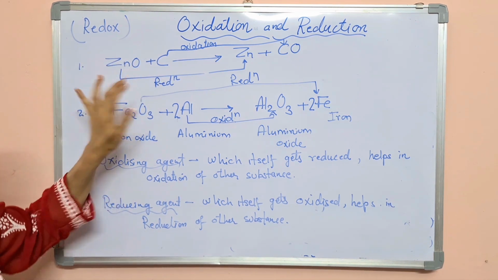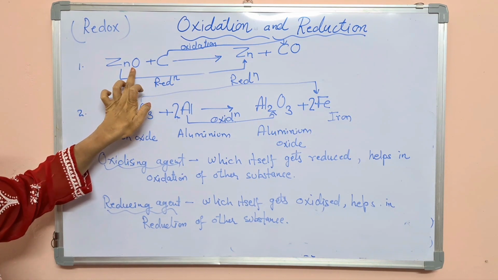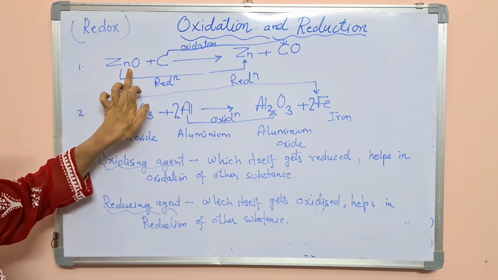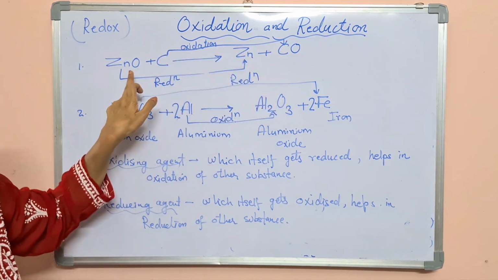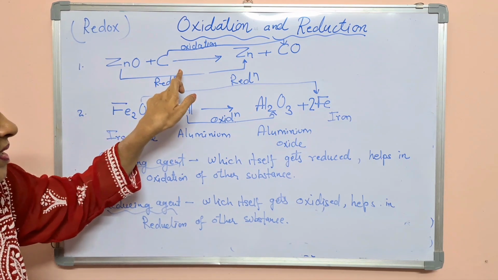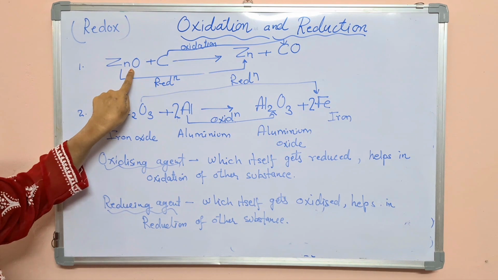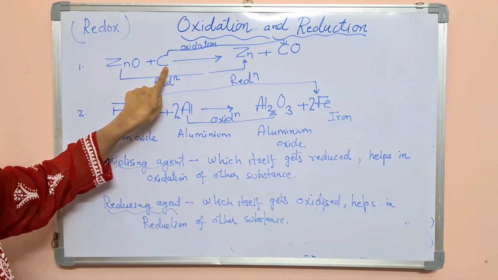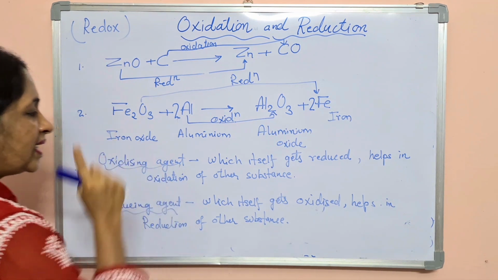So the supply of oxygen is done by the zinc oxide. So that is why this carbon is oxidized. So it itself gets reduced and helps this carbon to get oxidized. So that is why zinc oxide is an oxidizing agent.